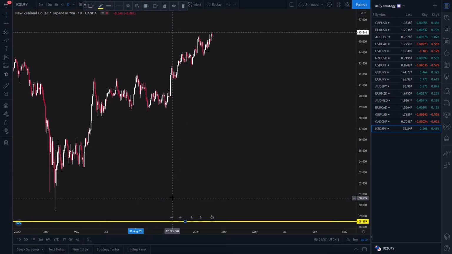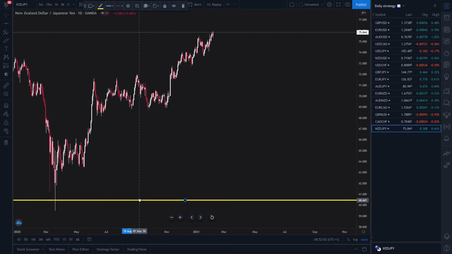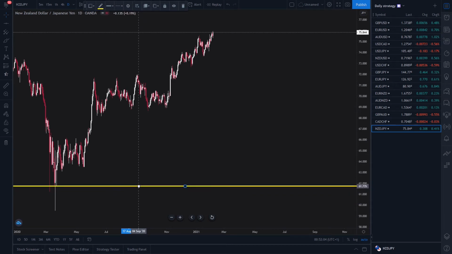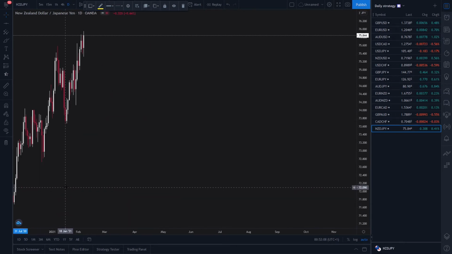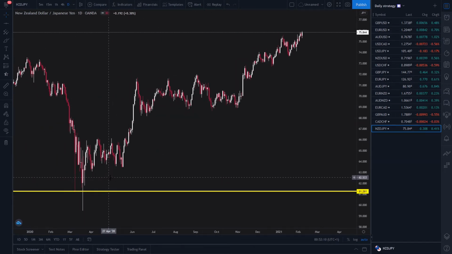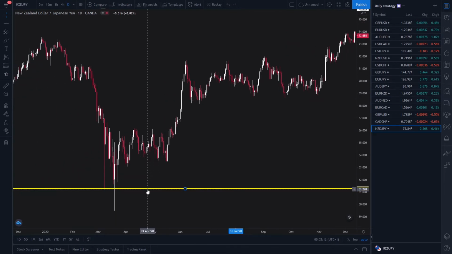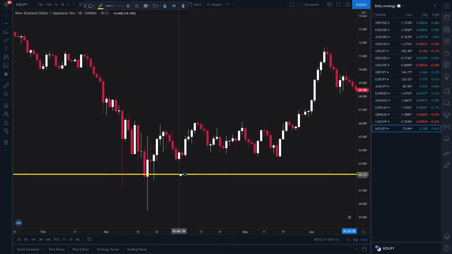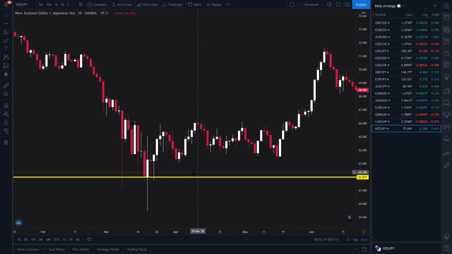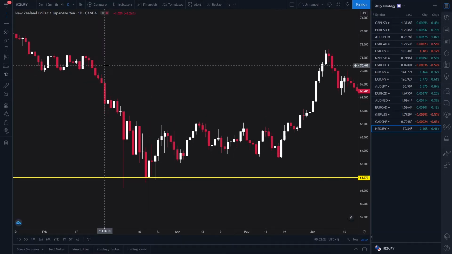And place it down. The first thing, you need to find the most relevant level. So go for a yearly low, which is this one, and place it on the body of a candle, because the bodies are more important than the wicks on the daily time frames.